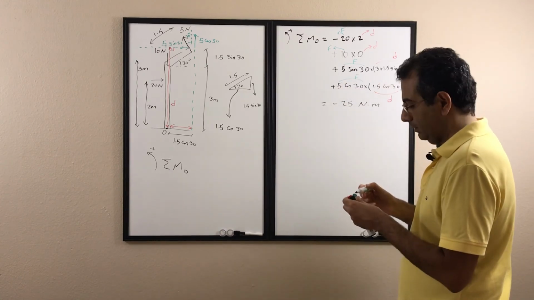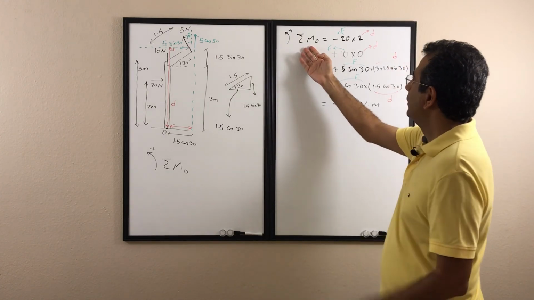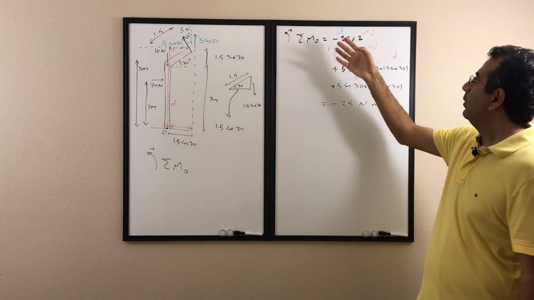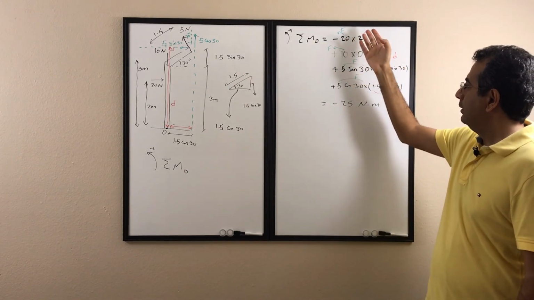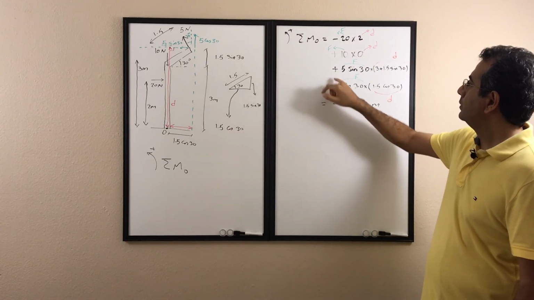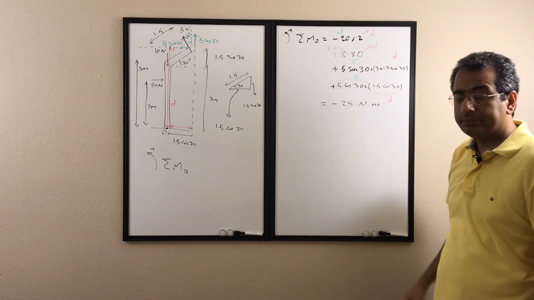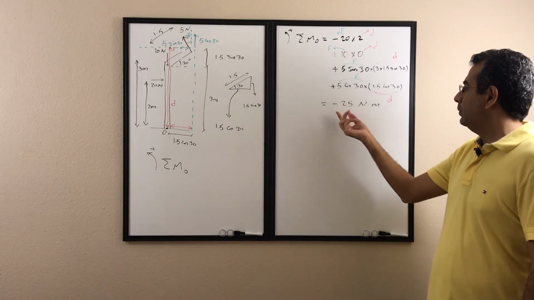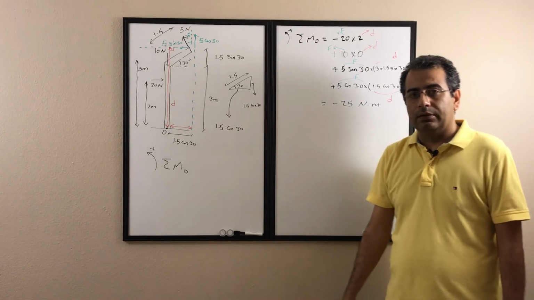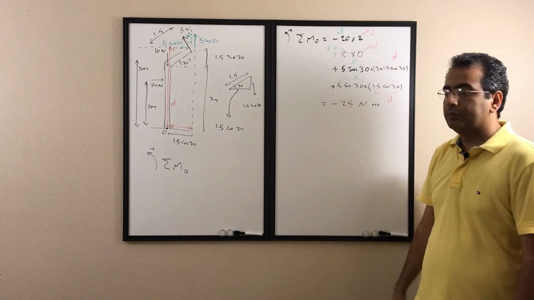So what we have done, in other words, to calculate the sigma M about O, to find the resultant moment from O, we add all the moments, all the F times D, and add them together based on if they are clockwise or counterclockwise. Add them all together, and eventually we get this value, negative 25, which shows that it is going to be clockwise, and its value is 25 Newton meter.